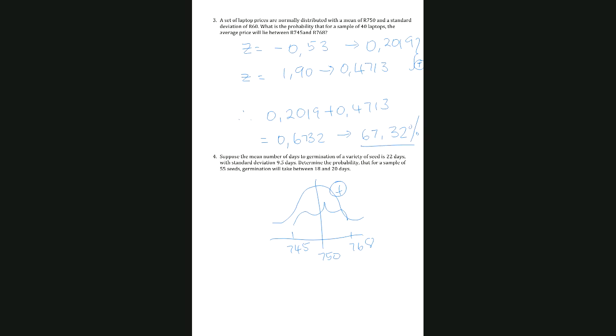So to answer the final question, you'd say that therefore there is a 67.3% probability that for a sample of 40 laptops, the average price will be between 745 and 768 rands. So pretty straightforward. It's just that here we don't apply the 0.5 rule. And when they lie on either side of the central line, we use the addition rule. So I'll give you a second and I'll do the last question.